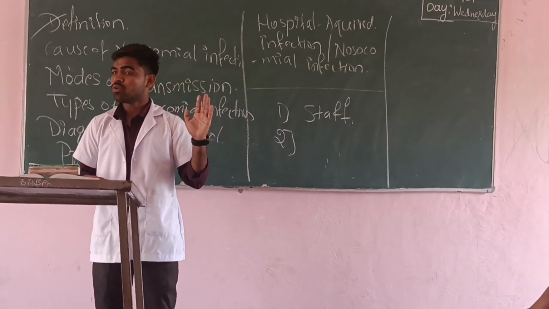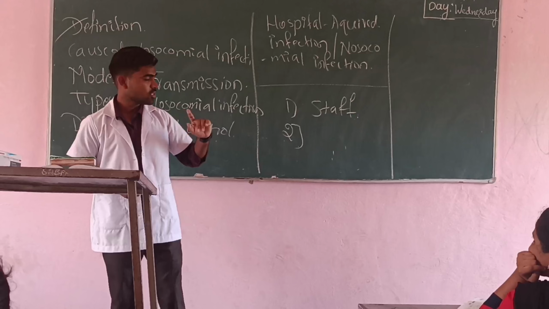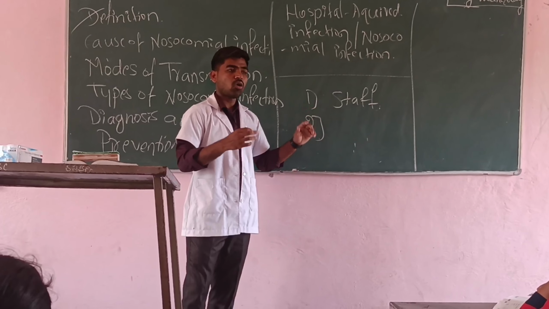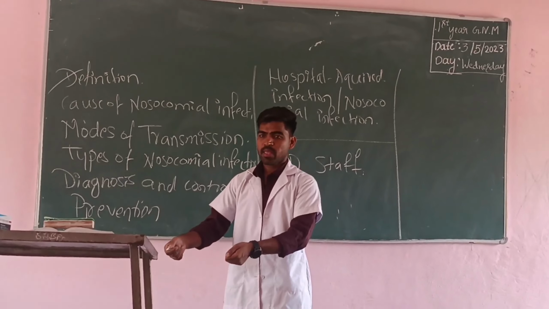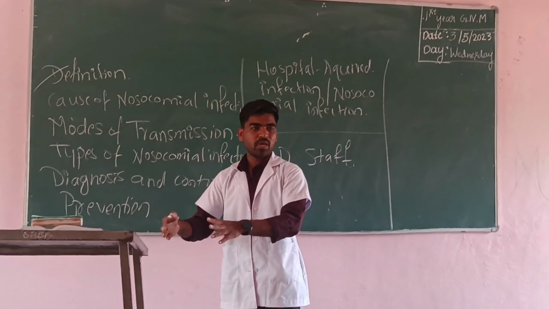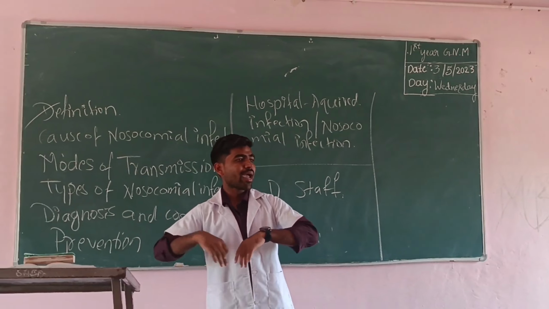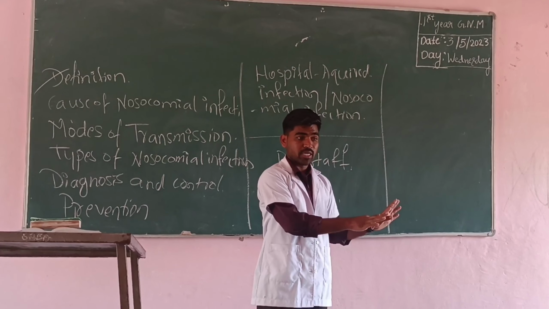That infection we call nosocomial infection. Understand? First, it may be the staff. How? One nurse handles one patient, and after that the same nursing staff also handles another patient.